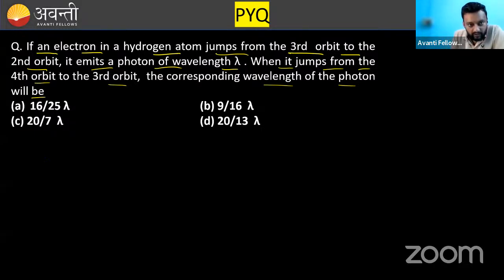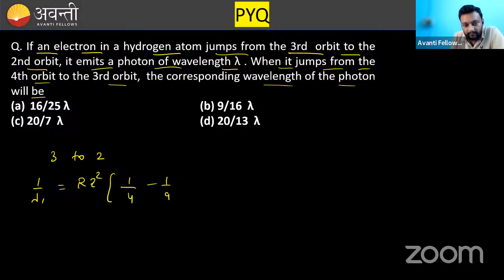So the first statement is third to second orbit. Let's suppose the wavelength is lambda 1. So 1 by lambda 1 is equal to RZ square into 1 by lower orbit square, that is 1 by 4 minus 1 by 9.